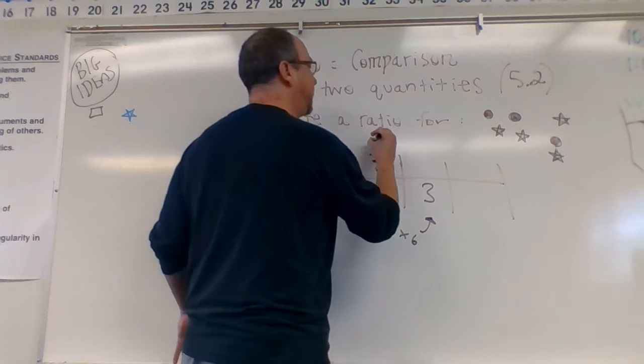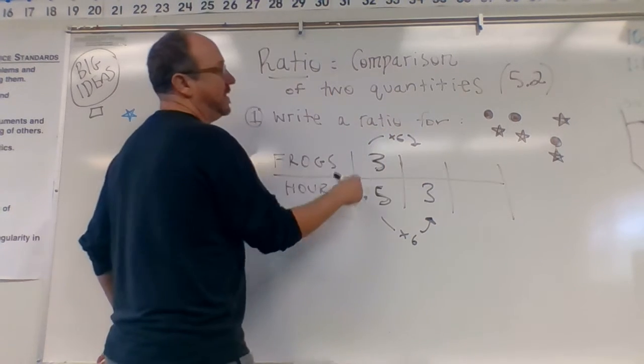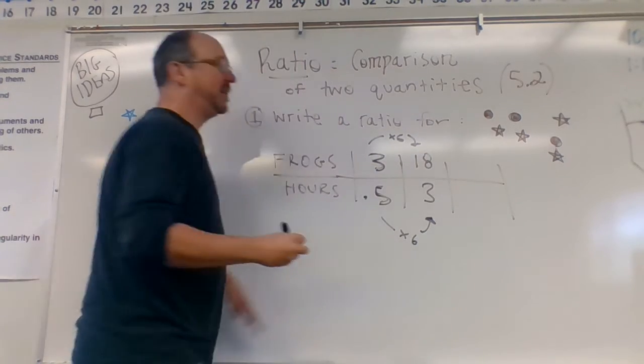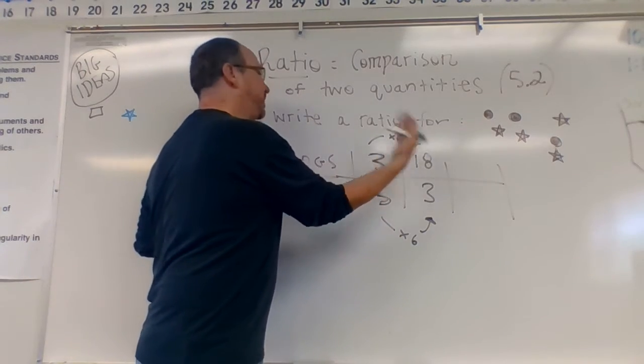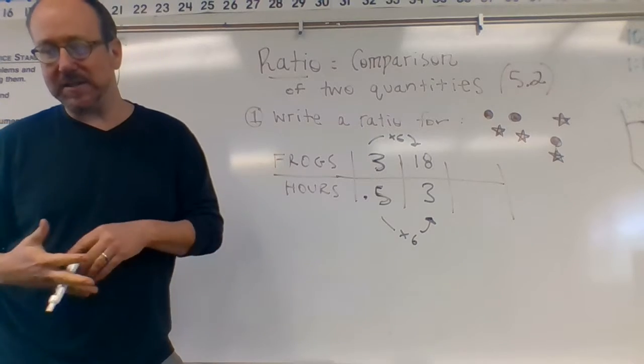And so the same thing is going to hold true up here: 3 times 6 is 18. So if you were out there catching frogs for 3 hours, you would get 18 frogs, or 18 frogs every 3 hours. Okay?